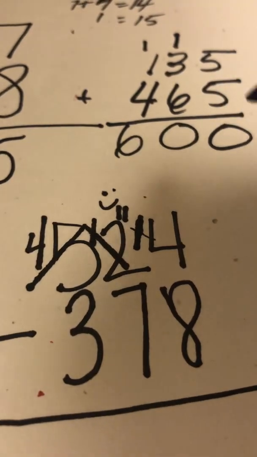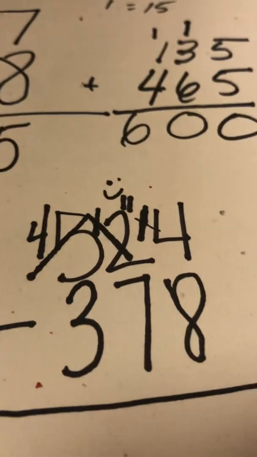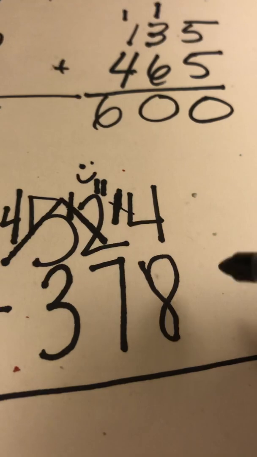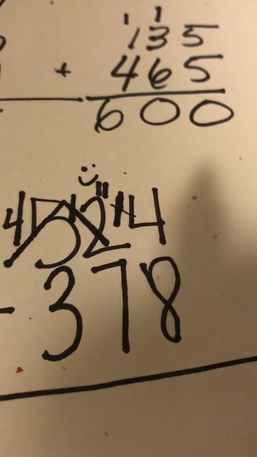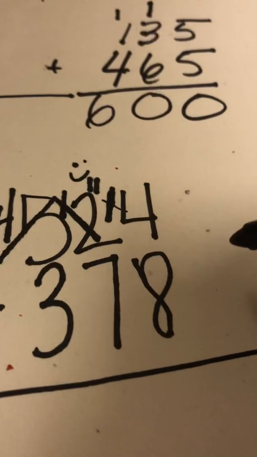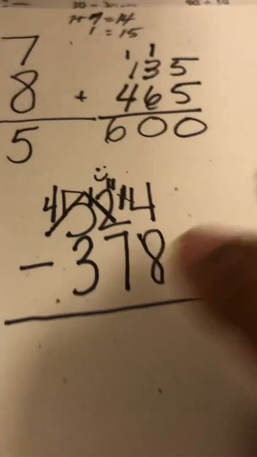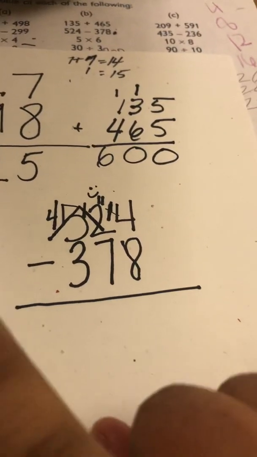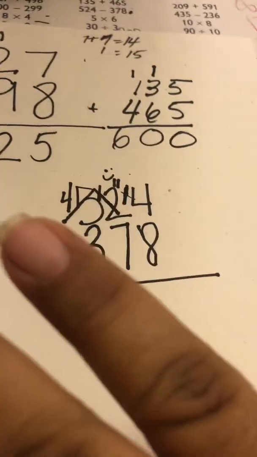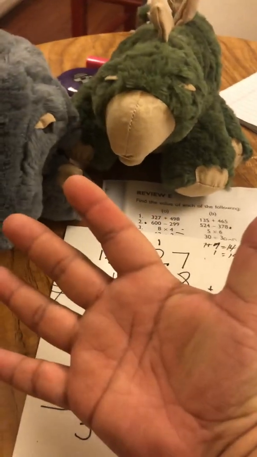Oh my goodness. I can count up. If I say 8, I can use my fingers and say 8, 9, 10, 11, 12, 13, 14. So how many fingers do I have up?